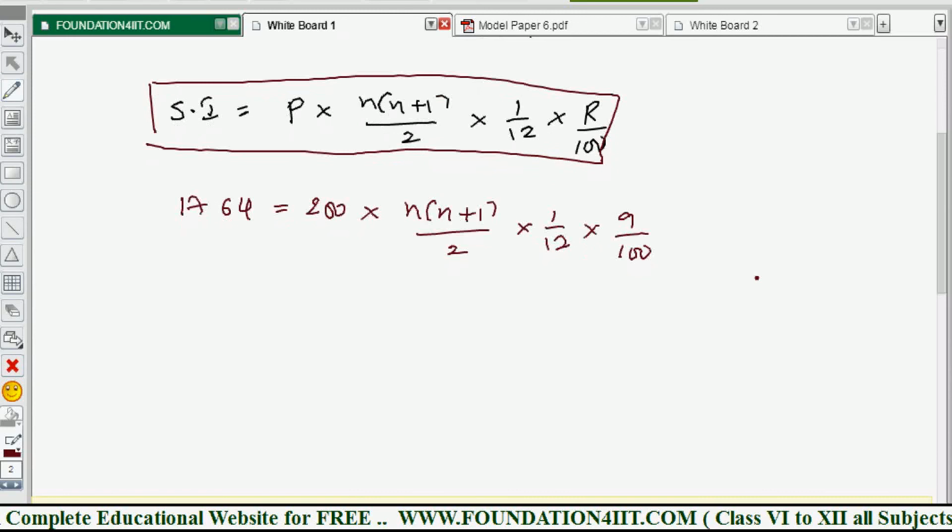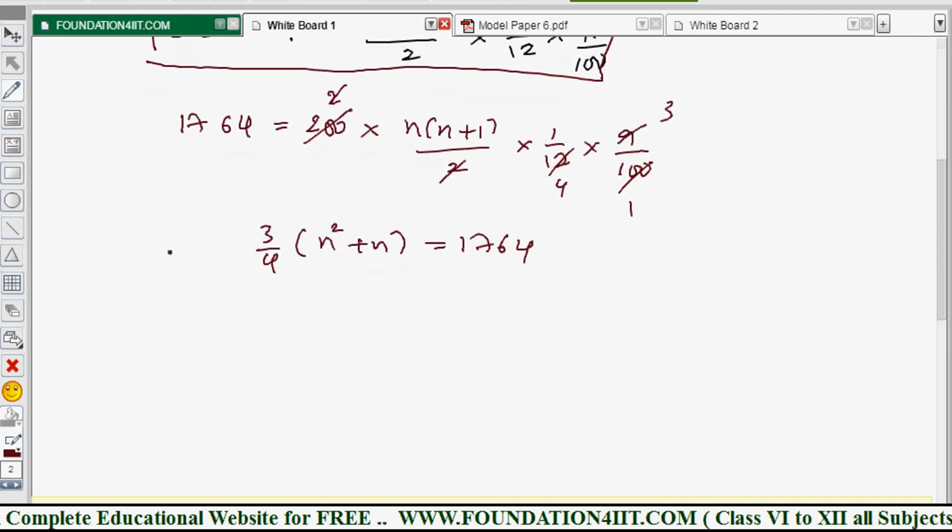Just we need to simplify this equation. So 100 ones are 100, twos cancel here. 3 3s are 9, 3 4s are 12. So finally 3 by 4 n into n plus 1. So n square plus n is equal to 1764 from this.